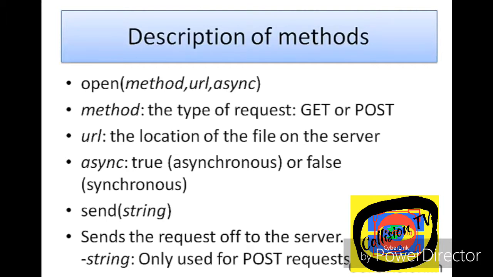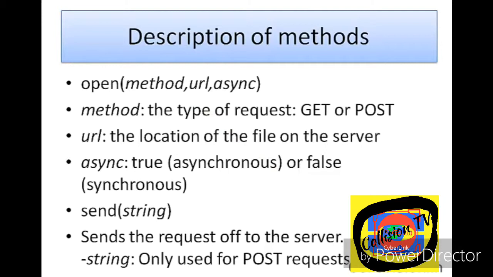The first parameter is the method. It is the type of request, either GET or POST. There is also a third method called head, but we do not use it generally. The second parameter is the location of the file on the server.